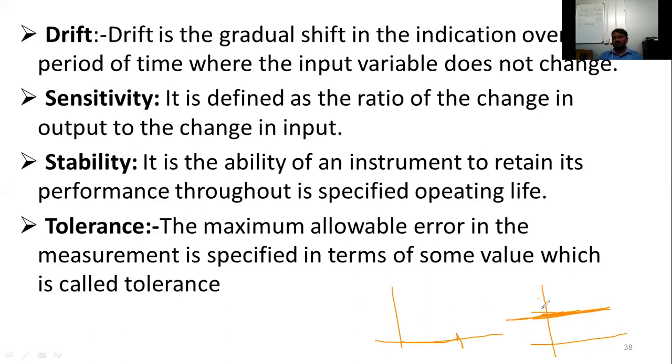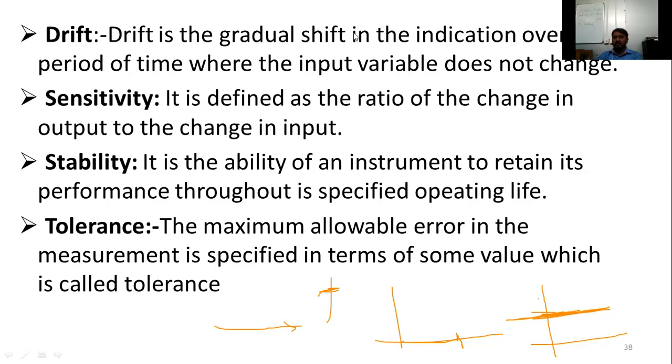Resolution is where the input is increased by a particular value, but there is no output. But drift is where there is no change in the input, but the output is changed gradually over a period of time, where the input variable does not change.